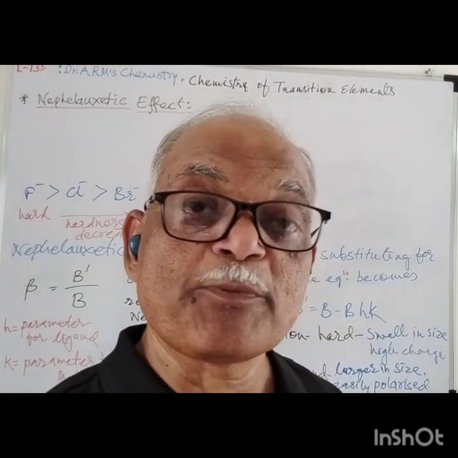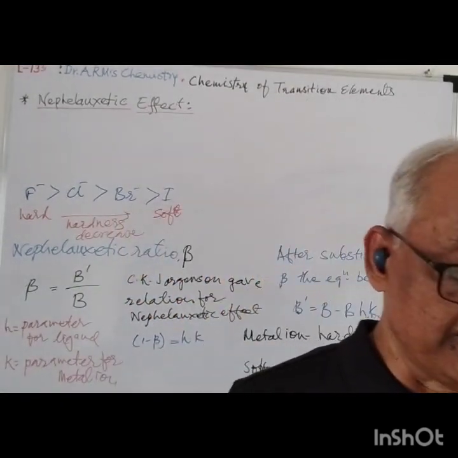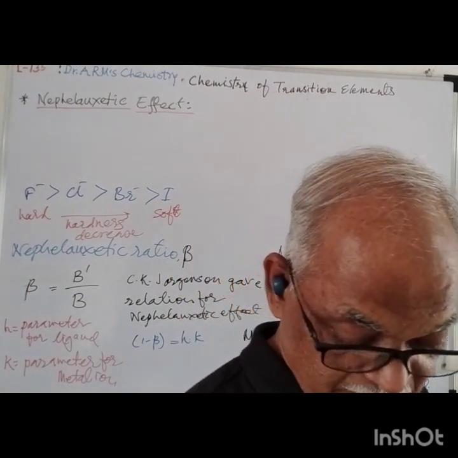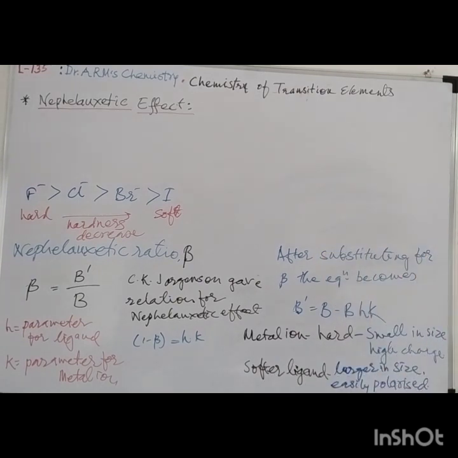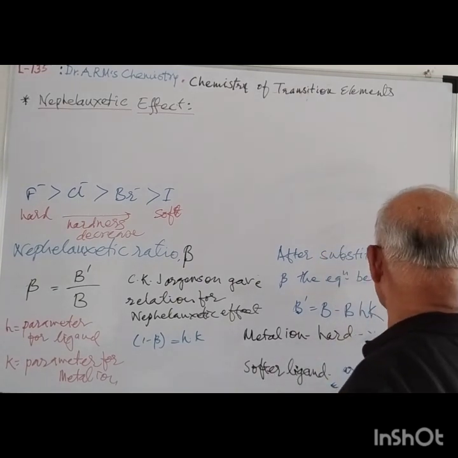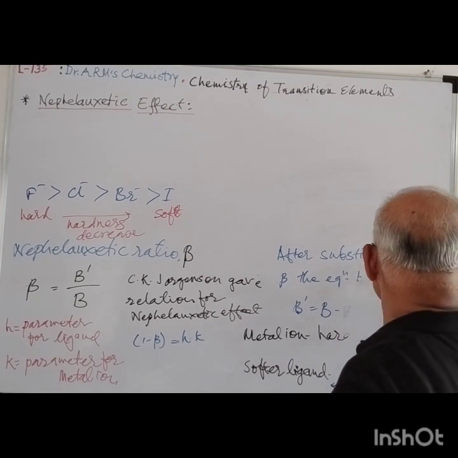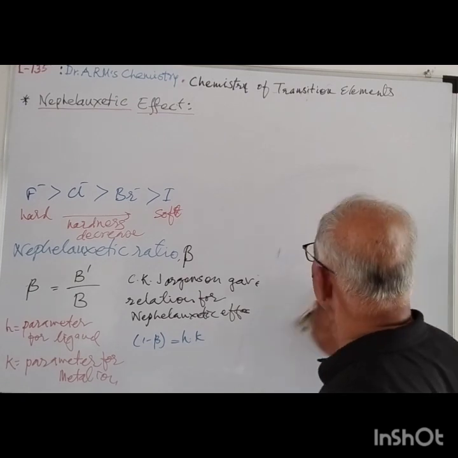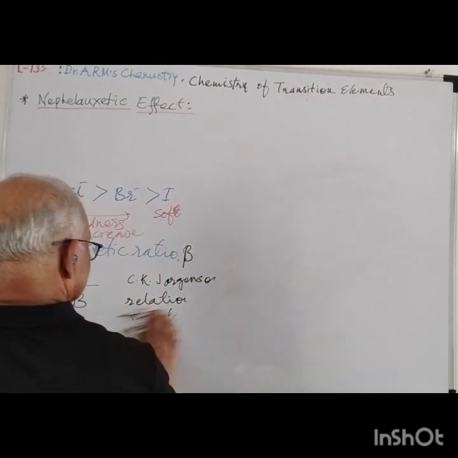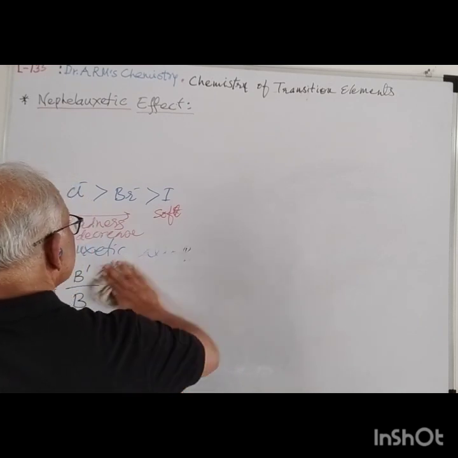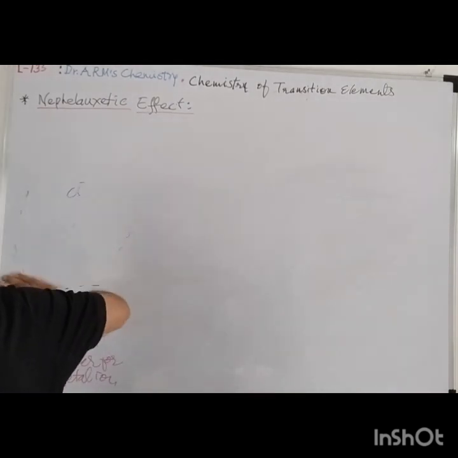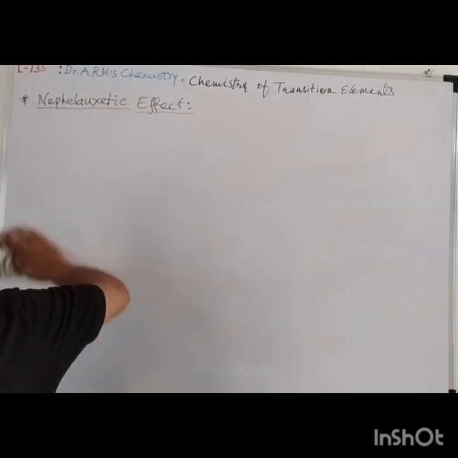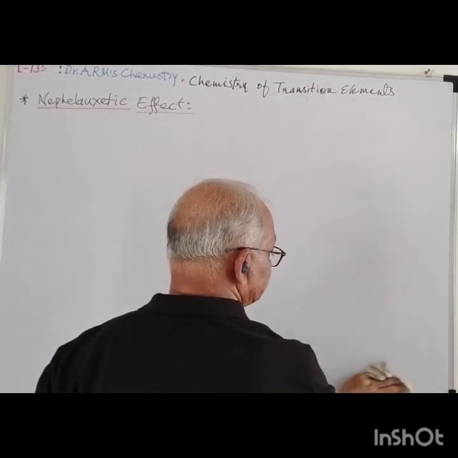Nephelauxetic effect can also be calculated using the spectral data. Spectral data is also important in order to calculate the Nephelauxetic effect, that is cloud expanding effect, and from which we can find out how much there is reduction in inter-electron repulsion between the electrons of metal ion that can be forced to pairing.